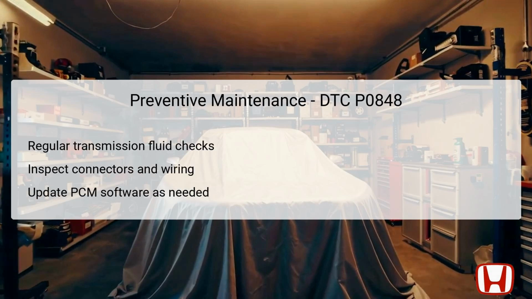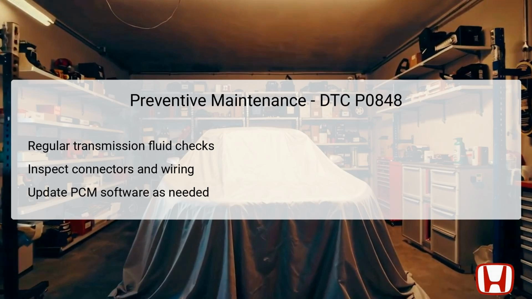Preventive maintenance plays a critical role in avoiding future DTC P0848 incidences. Regularly checking the transmission fluid levels and condition can prevent issues related to low or contaminated fluid, which directly affects the transmission's performance. Additionally, routinely inspecting connectors and wiring for signs of wear or corrosion can catch potential problems before they escalate.